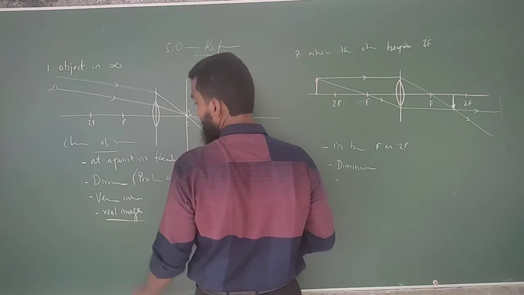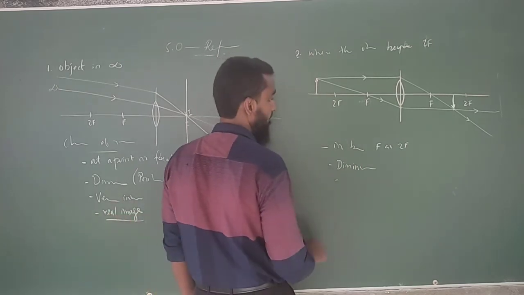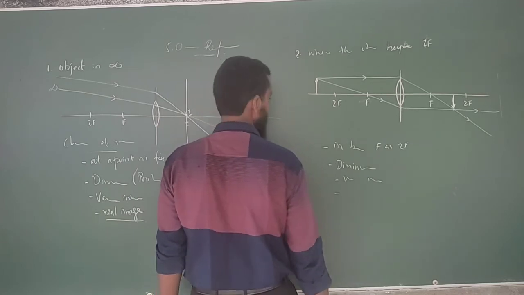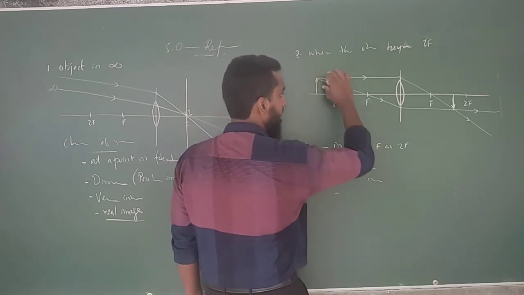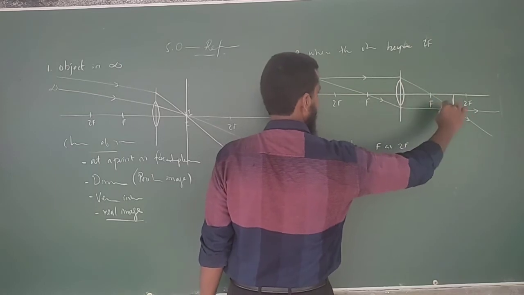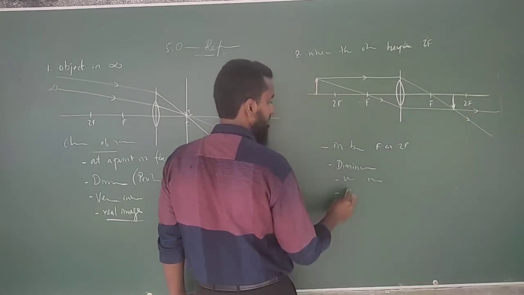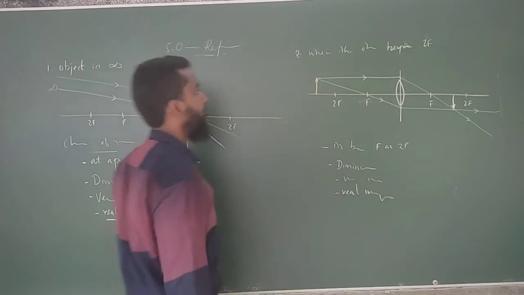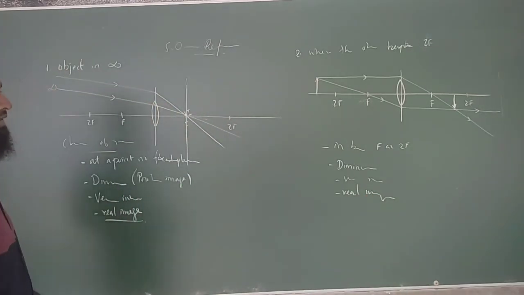The third, appearance: vertically inverted. Fourth, type of the image: directly by the real rays we are obtaining this image, then this is known as real image, right? The second ray diagram.